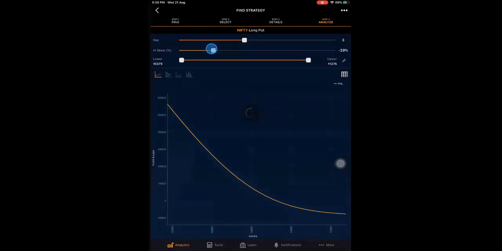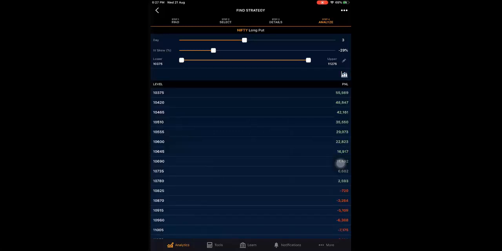Similarly, if I decrease the IV, how my PNL will change. So you will have a different PNL at different IV at different points in time. Here you can do a complete deep analysis, and you can get the data in a table as well as in graphical form.